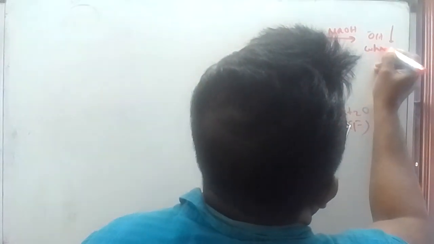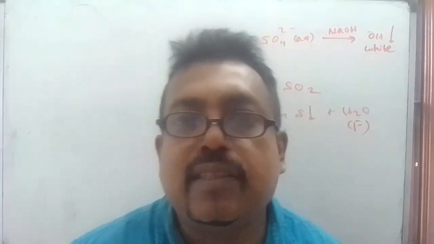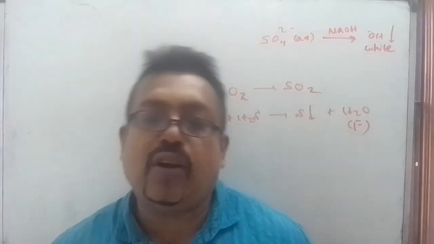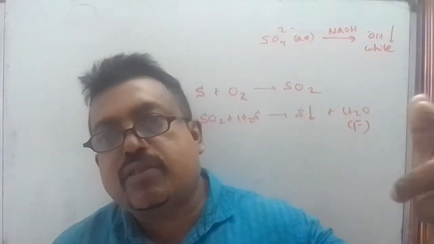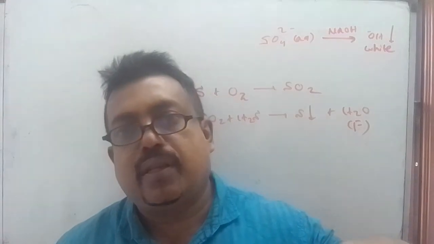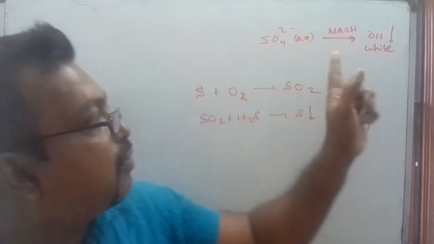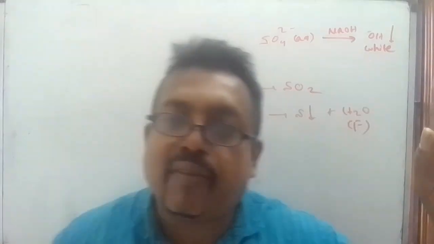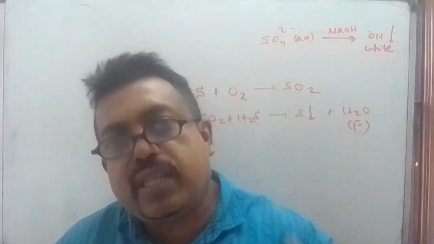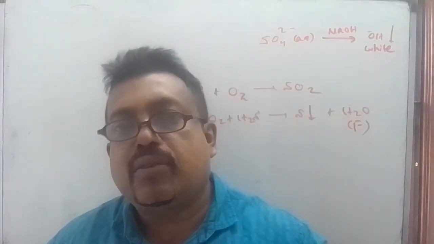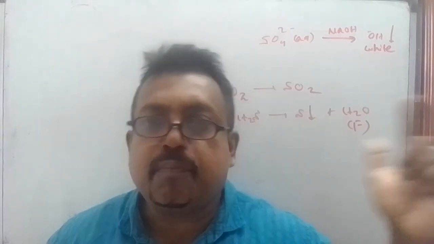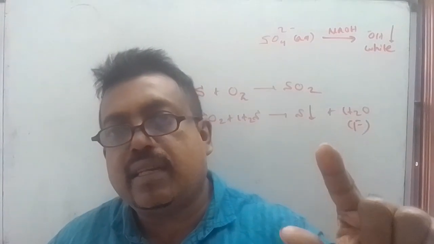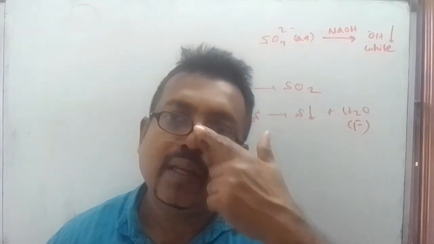This white precipitate dissolved in both sodium hydroxide and ammonia. So what is the meaning of a white precipitate dissolving in sodium hydroxide? This hydroxide corresponds to an amphoteric metal, right?